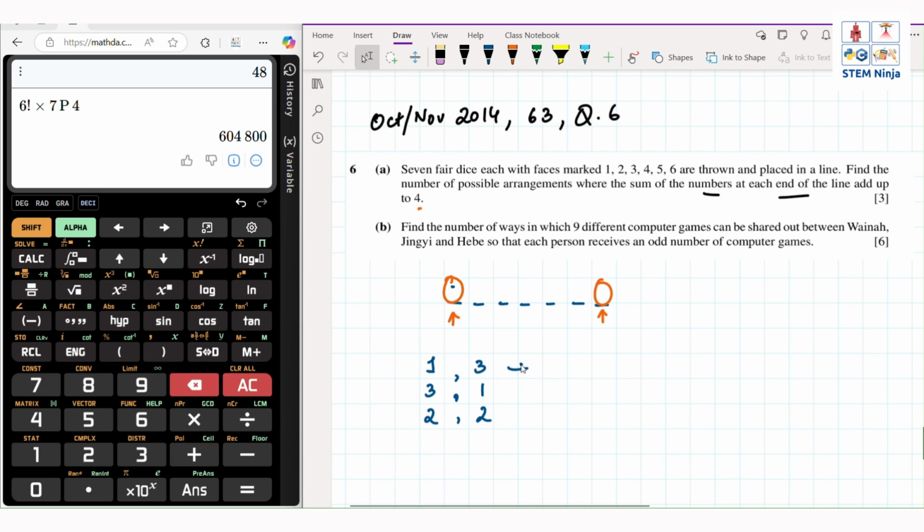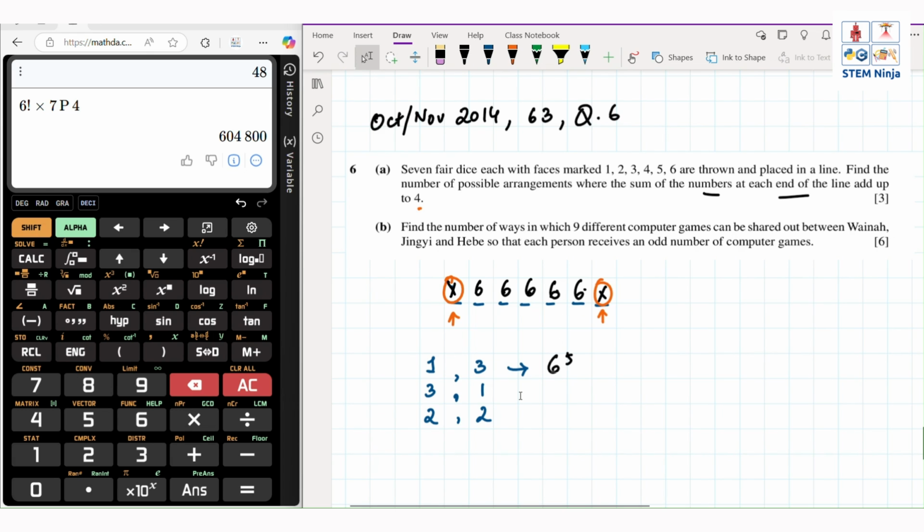Now notice one thing over here. In between the end ones, all of these are dice, which means that any number can come. There can be repetitions also. So this has 6, this has 6 possibilities, and so on.